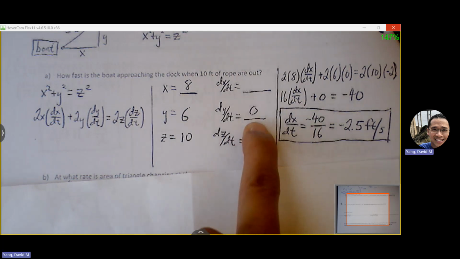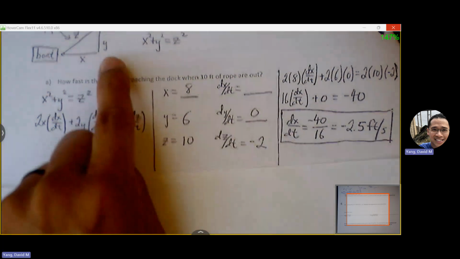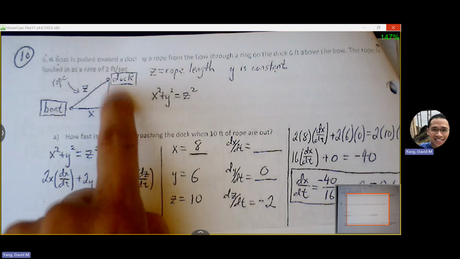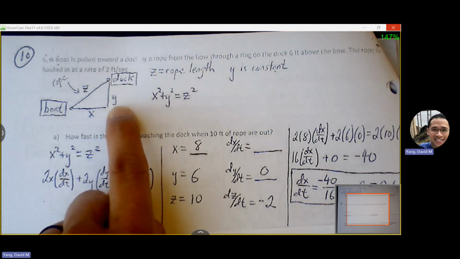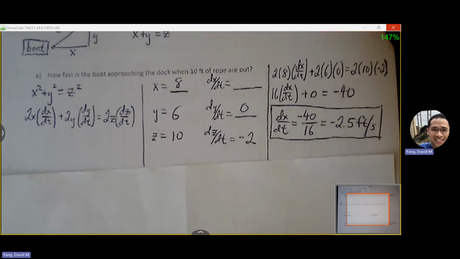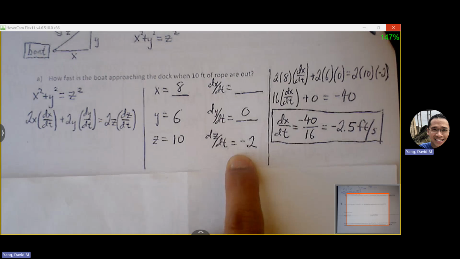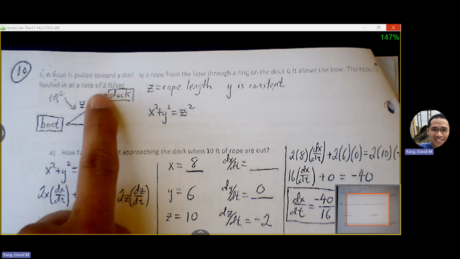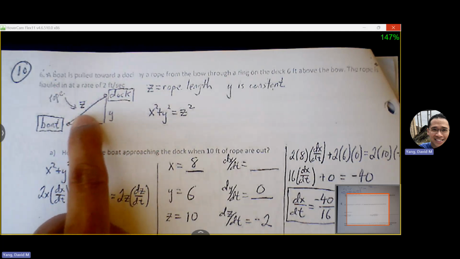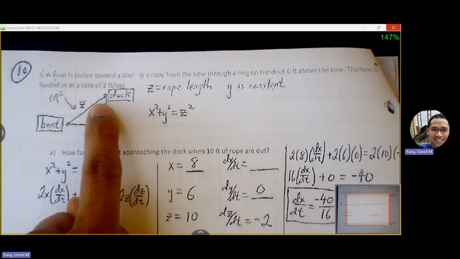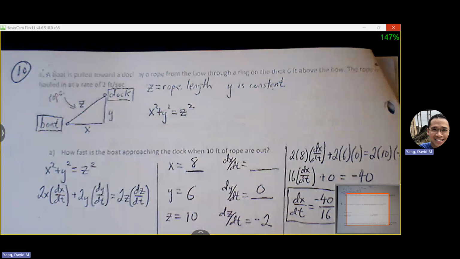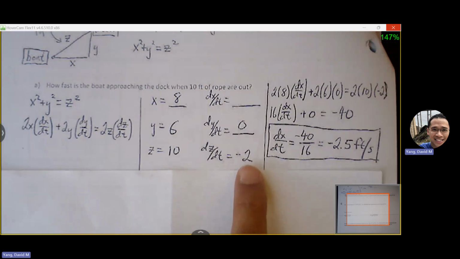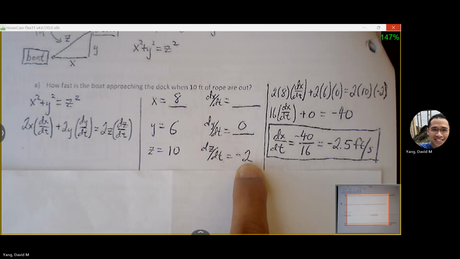We know dy/dt is 0 because that distance from the water level to the top of the dock is never going to change as time passes. dz/dt is -2 because they say that the rope is being hauled in at a rate of 2 feet per second, but as it's getting hauled in, we expect this rope to be decreasing in length as the boat gets closer. So we know dz/dt will have to be a -2.